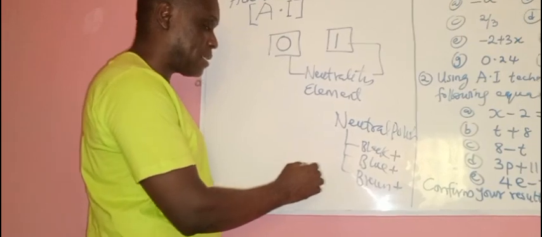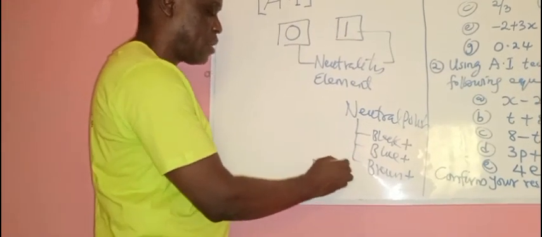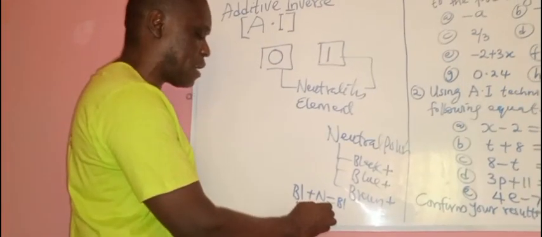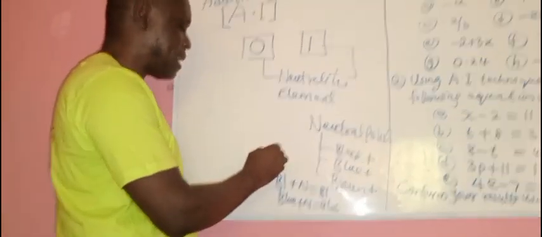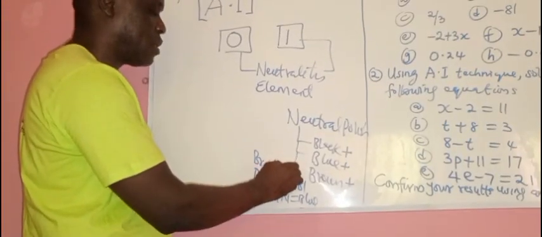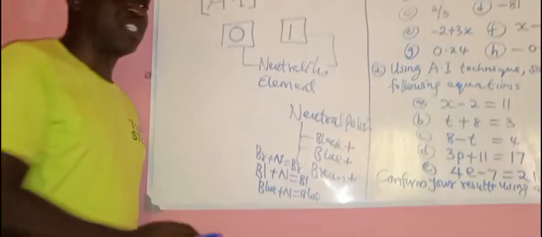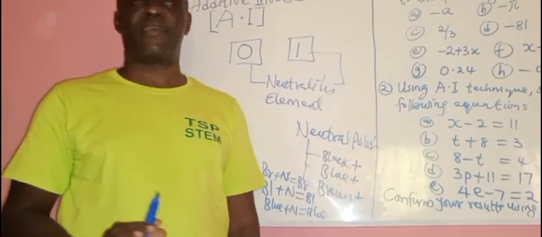So it means that black plus neutral will give us black. Blue plus neutral will still give us blue. Then brown plus neutral will still give us brown. Meaning no effect as to change in color. The color remains the same.